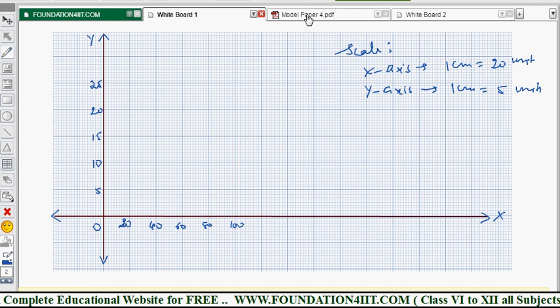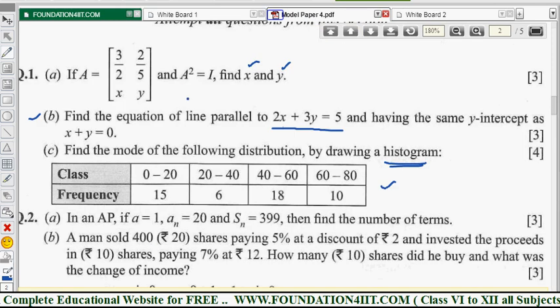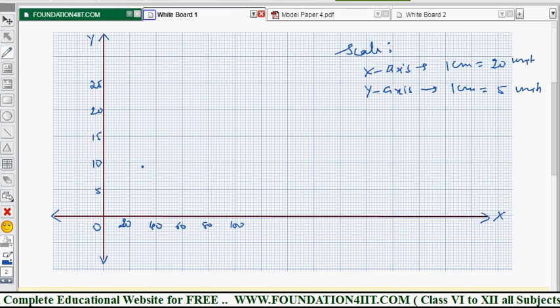Now let's draw the histogram for this. 0 to 20 is 15. It starts from 0, so till 15 you can draw the bar. Next, 20 to 40 is 6.